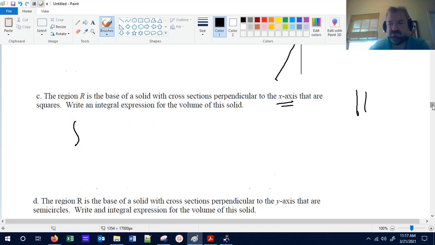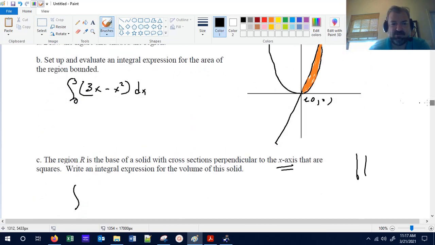So this just could not be easier. I'm just going to take exactly what I wrote a second ago, 3x minus x squared, because that's the difference from here to here, okay? And square that because it's a square, and then multiply it by dx to make it a prism. And we'll be doing that from 0 to 3.